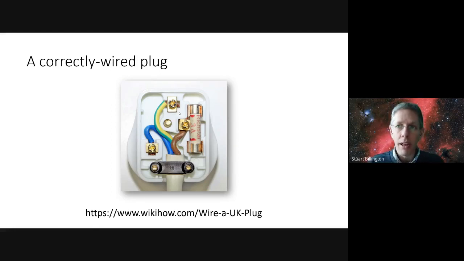And those wires are connected to particular parts of the device. And it won't work properly if you connect up the plug end wrong. So you just need to make sure that you learn off by heart which colors go where. And there's a little video that I'm going to ask you to watch later, which has a nice little way of reminding you which color goes in which plug.